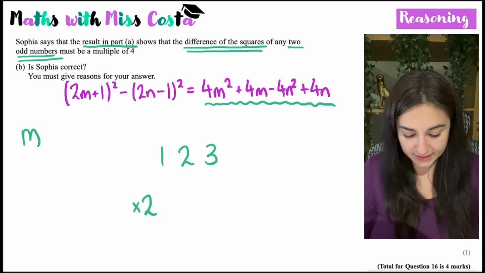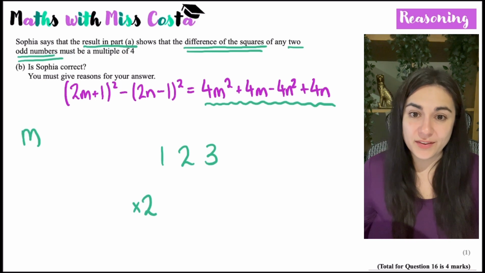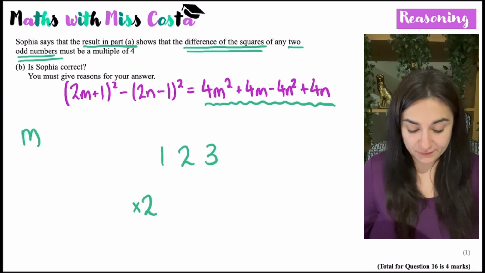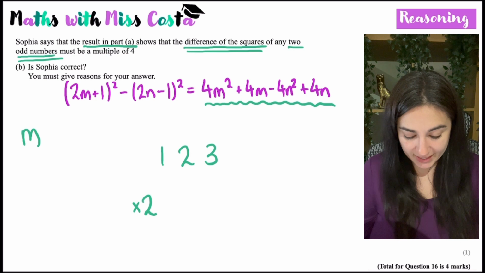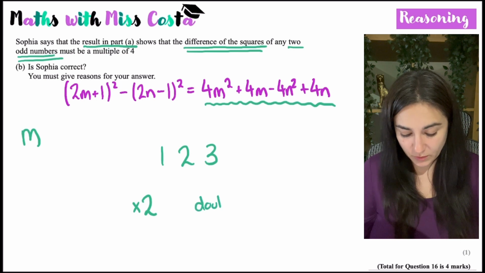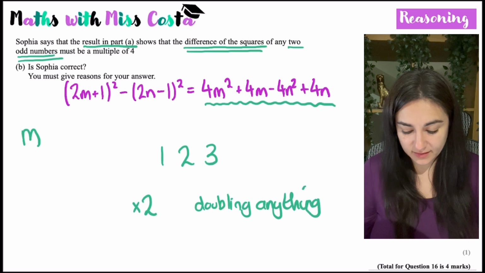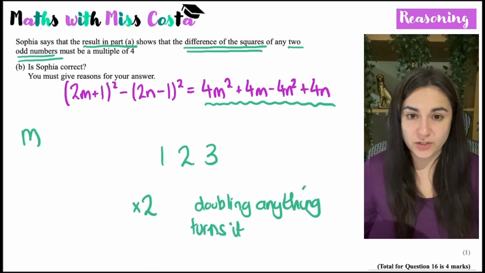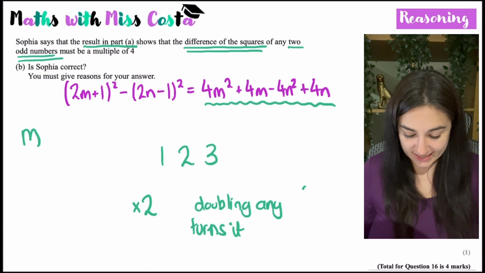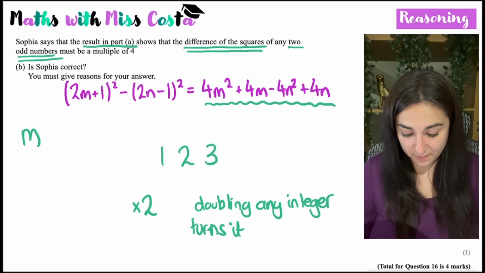If I doubled it, I would then make an even number, because multiplying anything by 2 or doubling any integer, so any whole number, turns it into an even number.